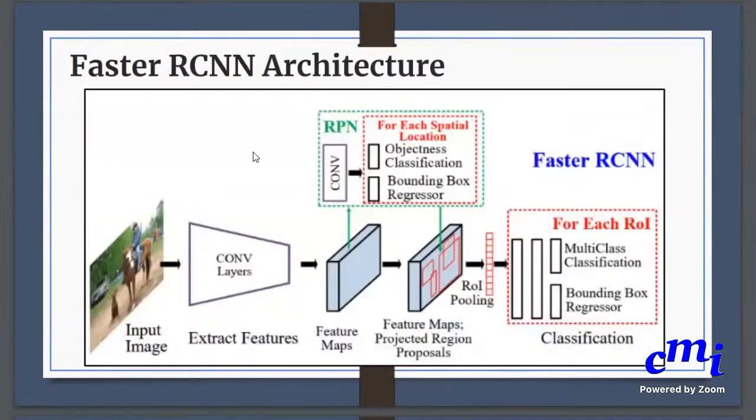So this is a peek into the architecture of RCNN. You can see that this is an input image. This is the convolution layer which extracts features. Once these features are extracted, they pass on to this regional proposal network, which detects all the objects. Once that detection has happened, these red boxes are formed. These red boxes are called regions of interest.